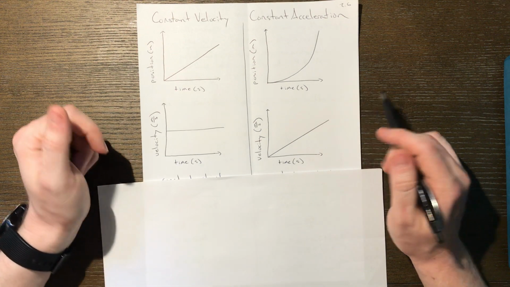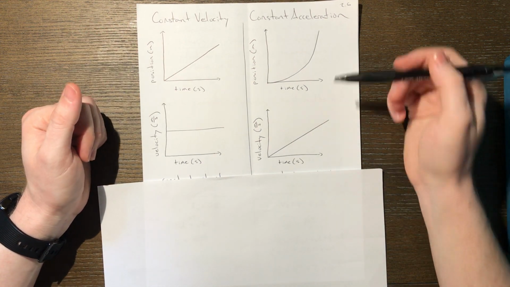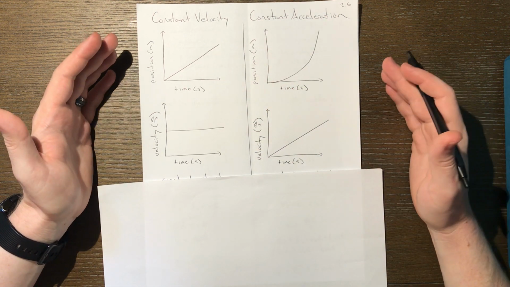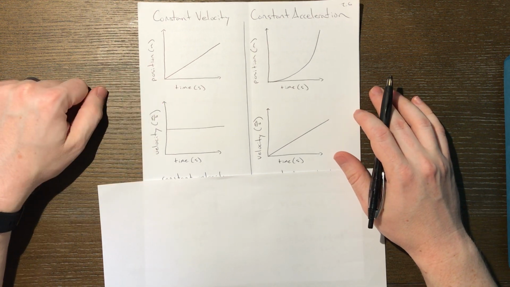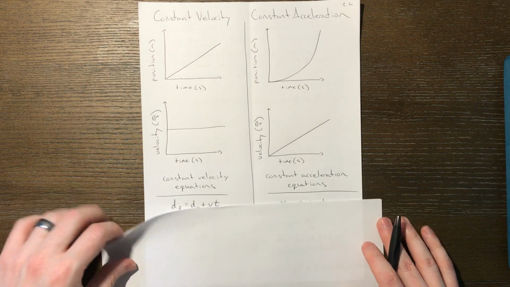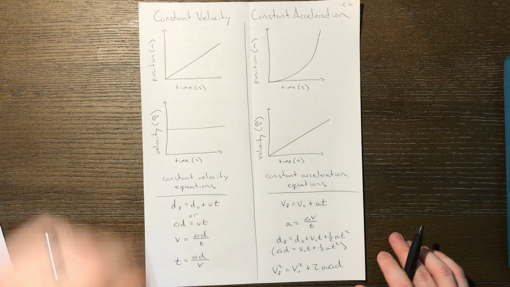And those are just a couple of simple situations to consider to understand what sort of shapes of graphs to expect in the basic graphing of position versus time and velocity versus time.